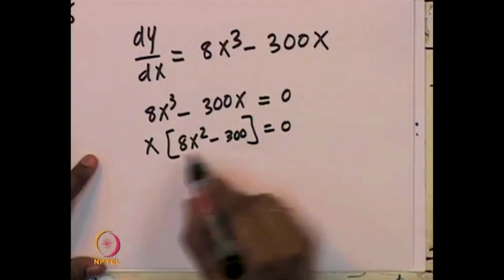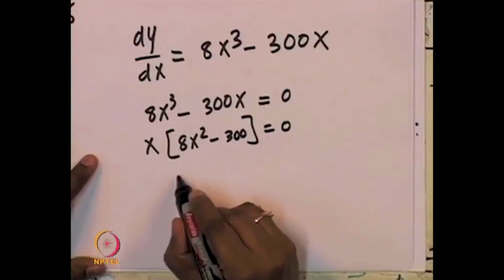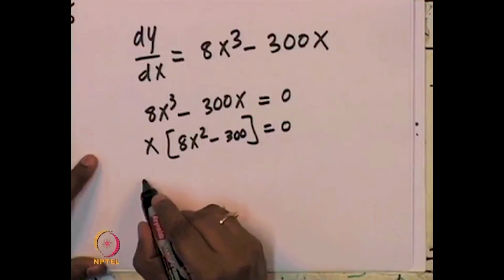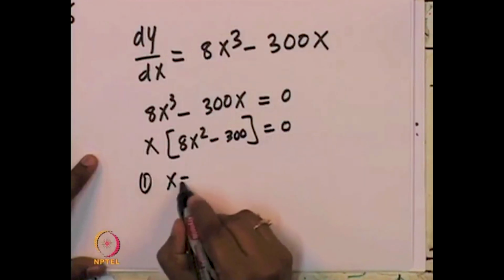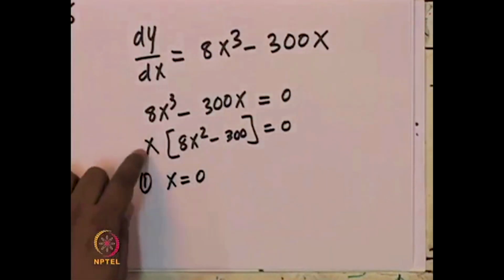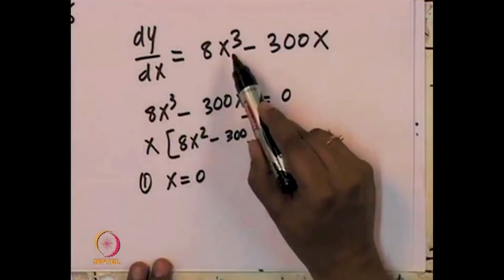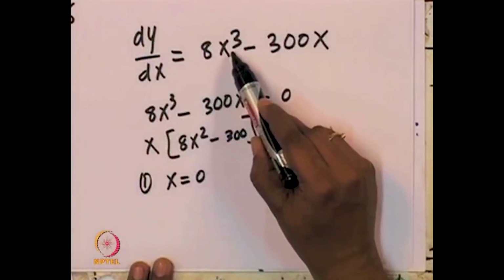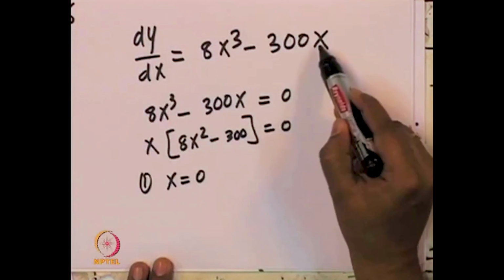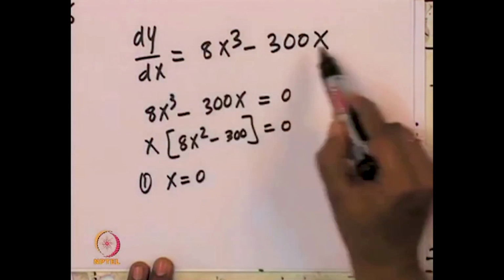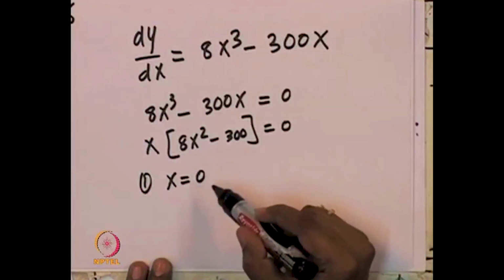One solution is x equal to 0. When x is 0, the whole thing is 0. If you put x equal to 0, 8 into 0 is 0 and 300 into 0 is 0. So dy by dx is 0 when x equal to 0.